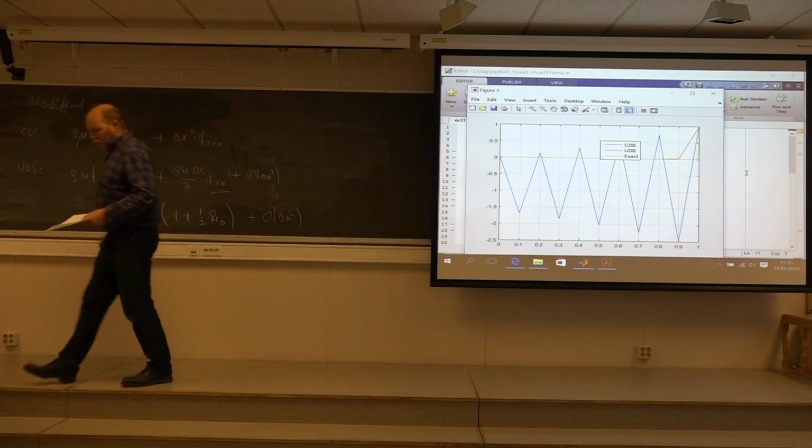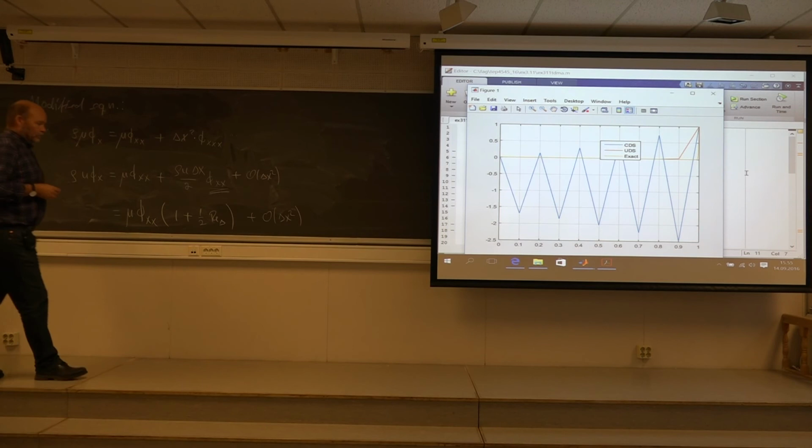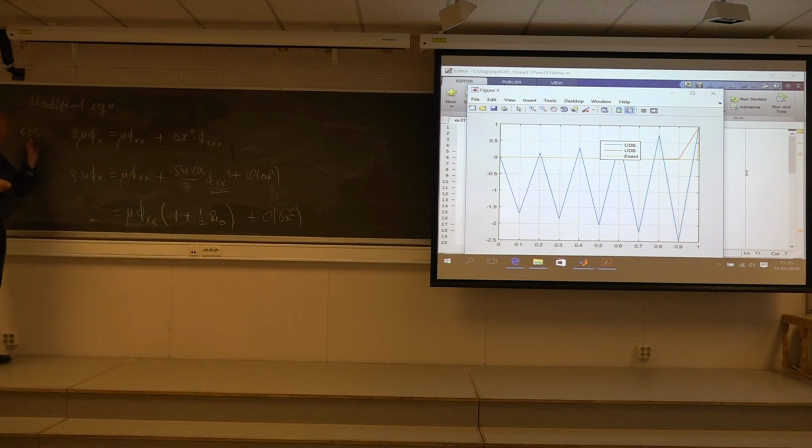So there you see what happens. If you have a cell Reynolds number that is 2 or bigger, then we know this one explodes. You get very bad results if the cell Reynolds number is large.